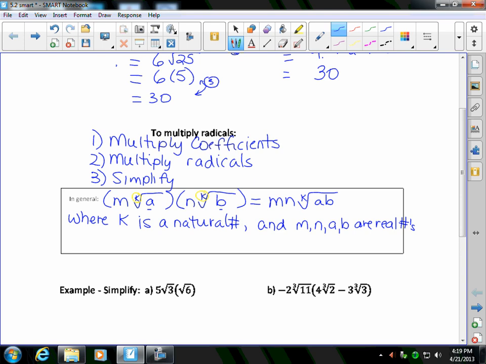So real numbers, if you remember from the last units that we've done, are fractions, decimals, negative signs, positive signs, anything like that, or negative integers, positive integers. And we have to be careful because we can't do the square root or the even root of a negative integer, but you can do the odd root of a negative integer.